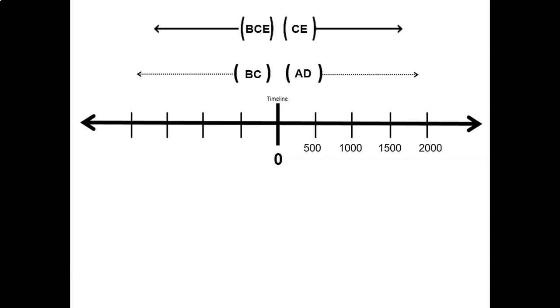Now, I don't know how you figured that out. Most people would look at that and go, oh, there's 4 lines from 0 to 2000, and that's 2000 years, so they must be chunks of 500. Dividing 2000 by 4 is going to give you 500.